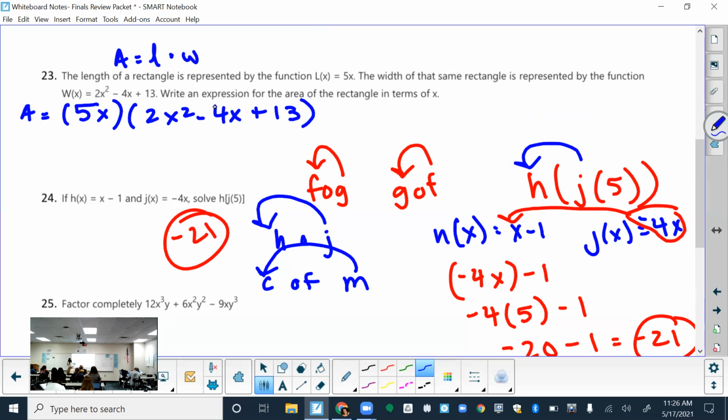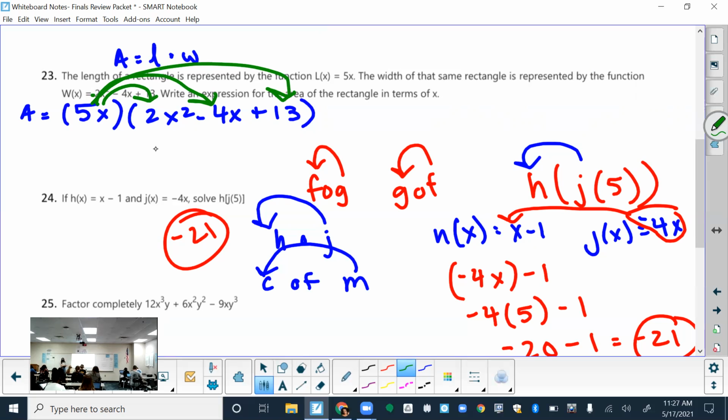So we're basically just multiplying these together. And you're not going to get a single number because there's not enough information for that. You're just going to get an expression if you multiply the 5x by this trinomial. So distribute that 5x to each term in the next set of parentheses.